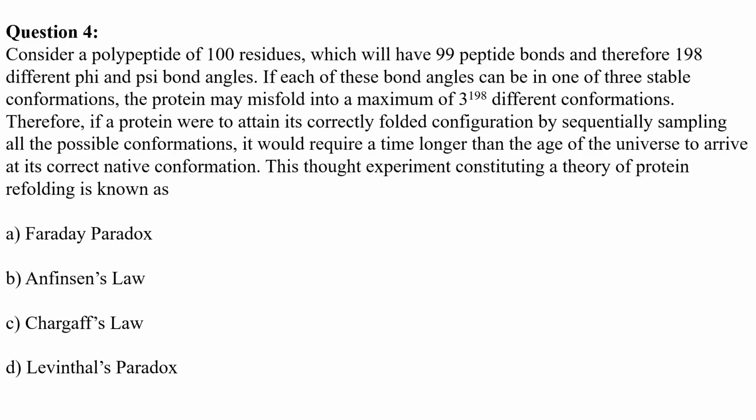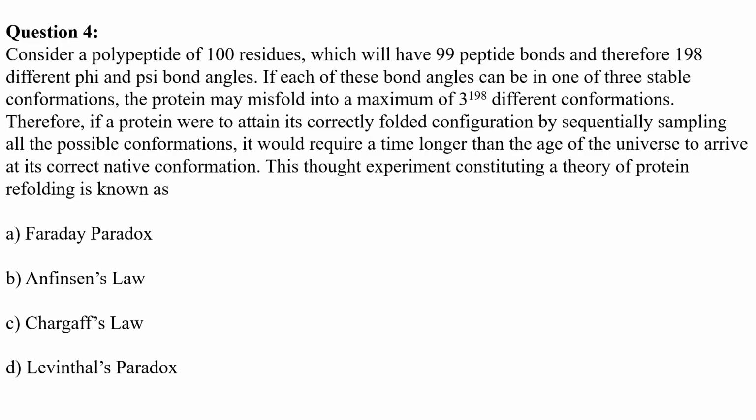Now if I give you a primary sequence of a protein, the protein will exactly know how to refold in its native conformation. It will never happen that the protein will fold into a conformation and see whether it is stable or not, and then again unfold and then again refold into a second conformation.